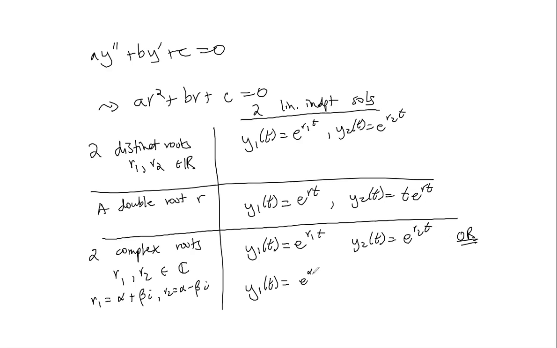You get e to the alpha t cosine beta t, and e to the alpha t sine beta t. Oh, sorry, there's a t in here.